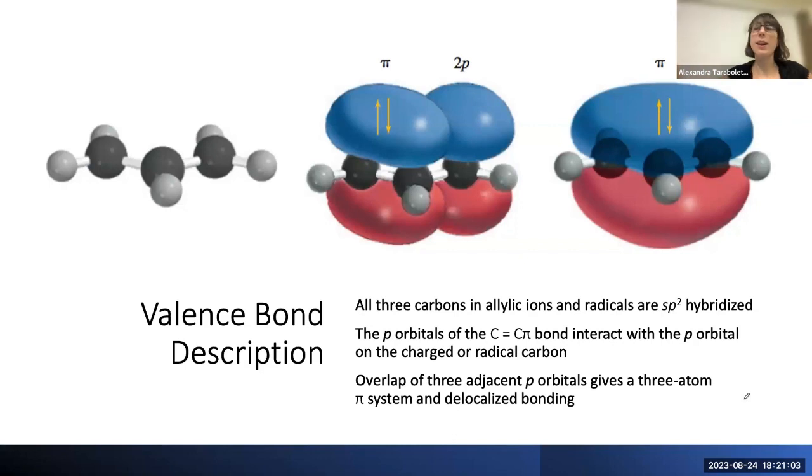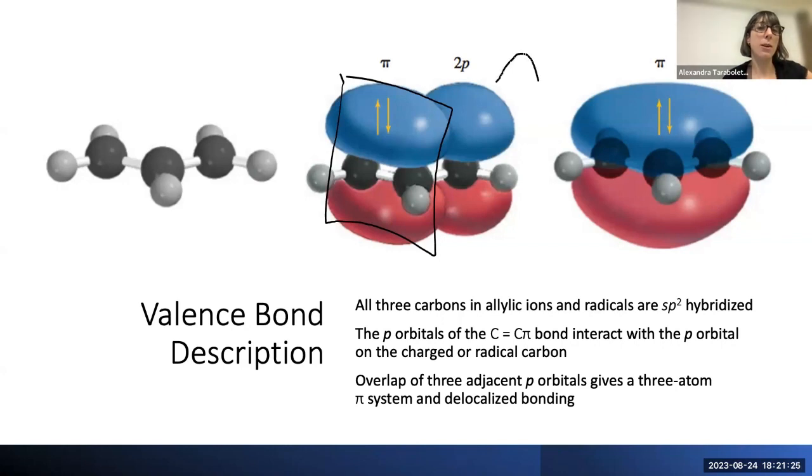So what does that look like? As I was describing, here are the orbitals. This is essentially the double bond, shown as the pi orbitals that already exist. Double bonds have these p orbitals that are already overlapping with each other.